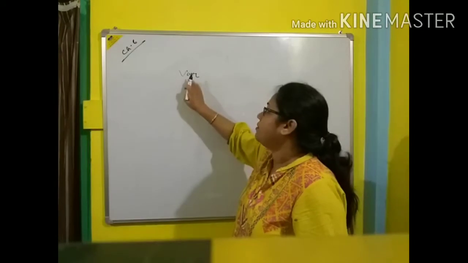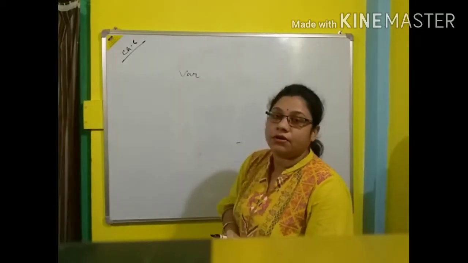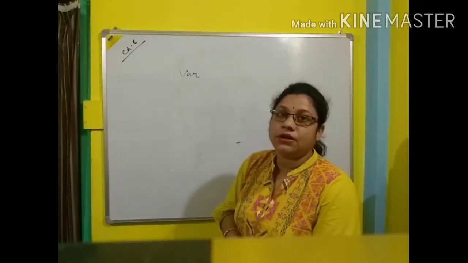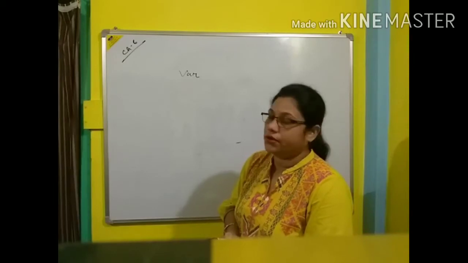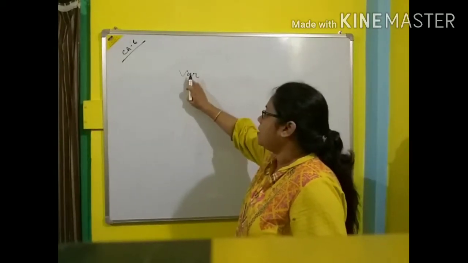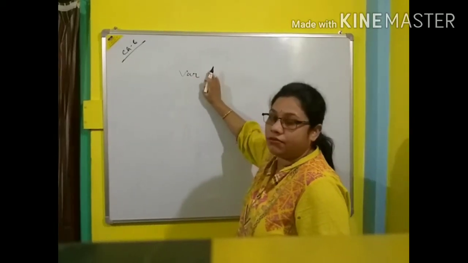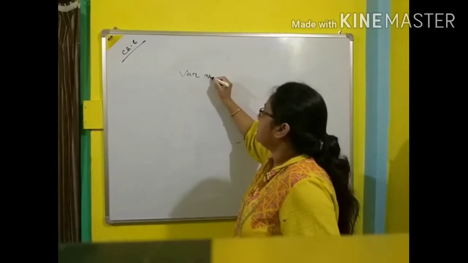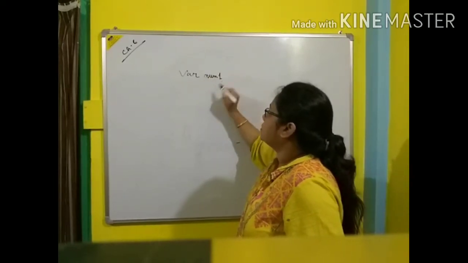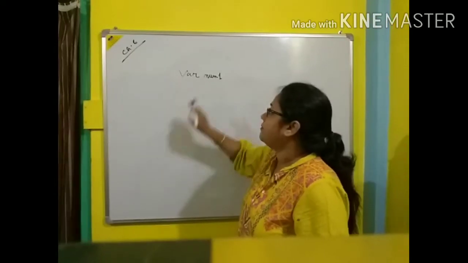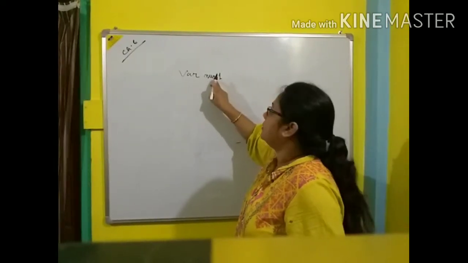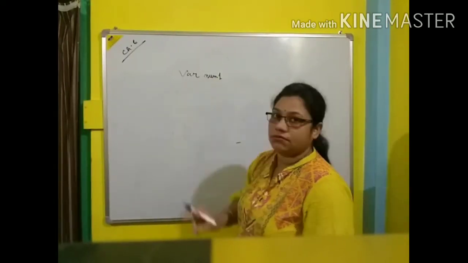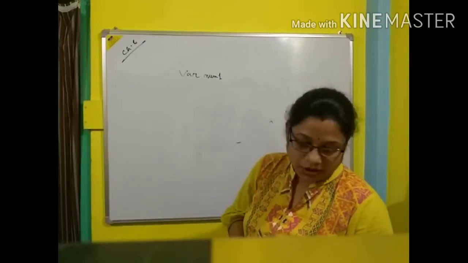So you are going to use the var keyword for declaring a variable in your JavaScript code. Var followed by the name of the variable. Suppose num1. This is the variable I declare, that is number 1, with the var keyword.